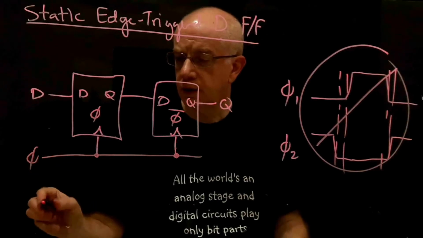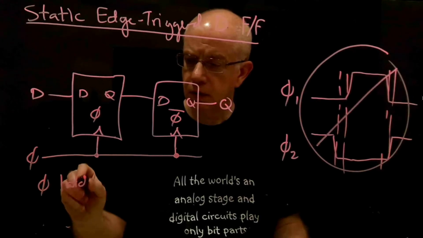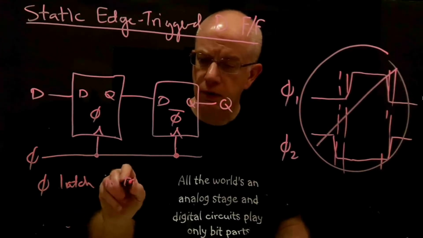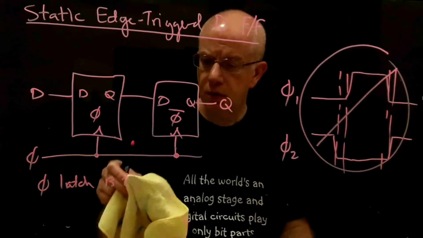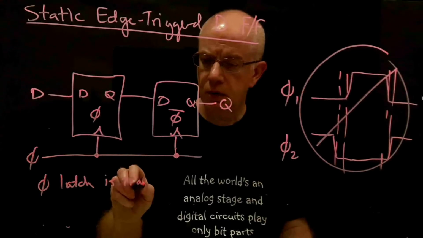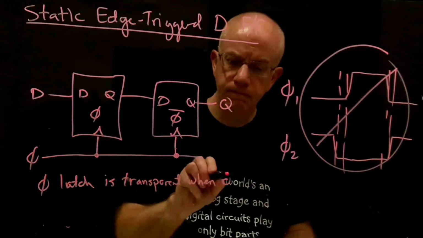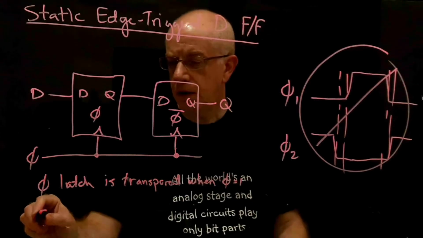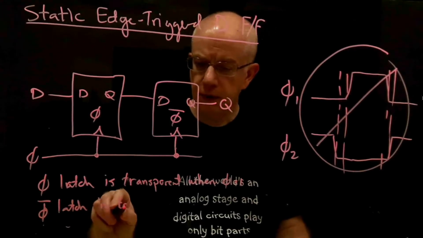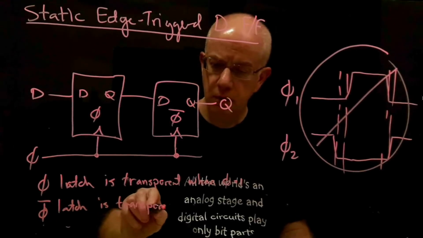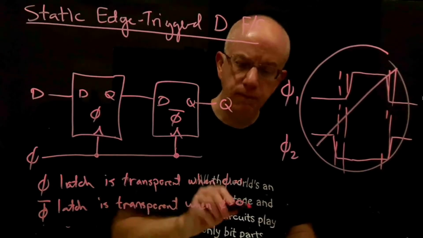So the phi latch is transparent when phi is 1, and the phi bar latch is transparent when phi equals 0.